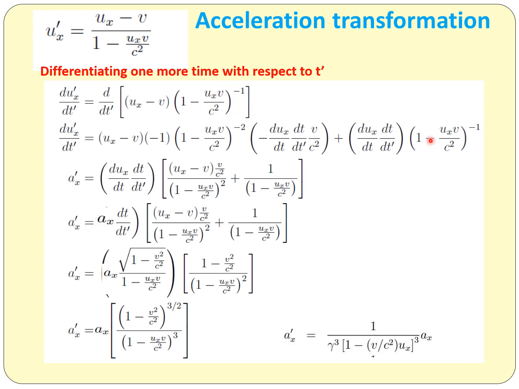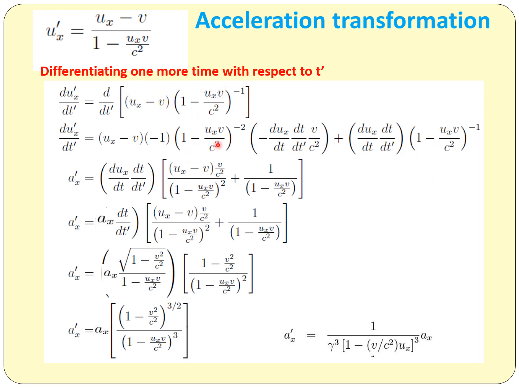Now we will have this 1 minus ux b by c square to the power minus 1, the second function, into the differentiation of the first, and the differentiation of the first will give us delta ux by delta t prime only, because b is constant. So delta ux by delta t prime, we can write by the chain rule as delta ux by delta t and dt by dt prime. Now we have to just rearrange the terms.